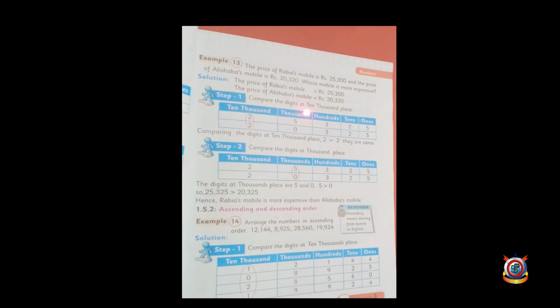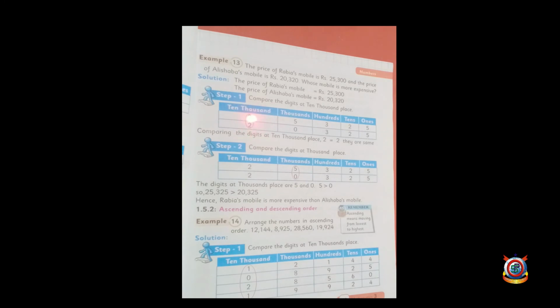Compare the digits at 10,000s place. Look at the place value chart. Look at 10,000s place.